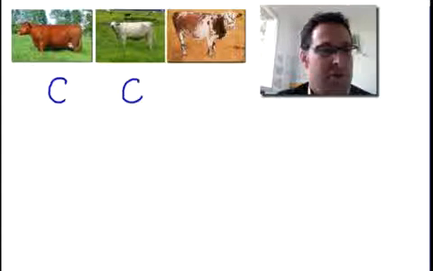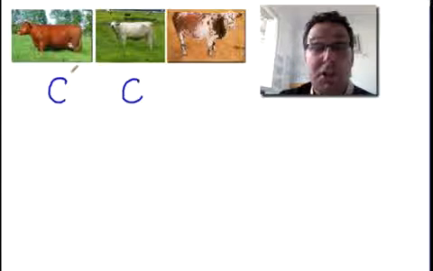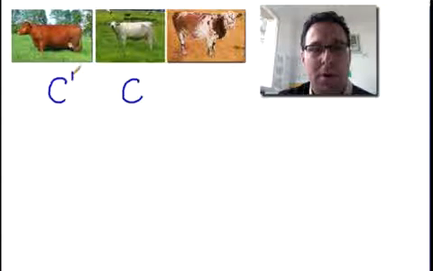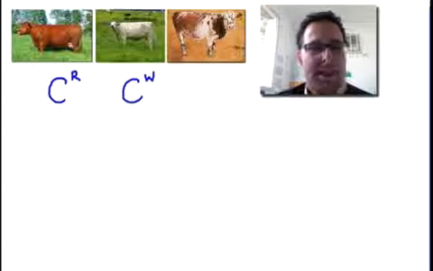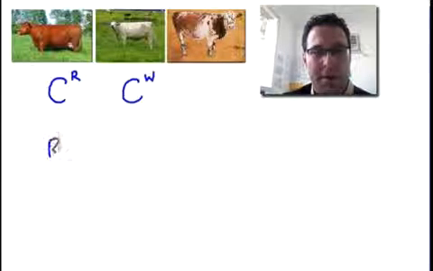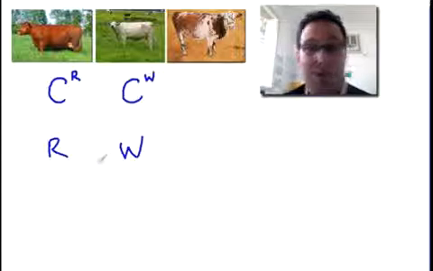But what I like to do, and I think what is probably normal to do, is to use a superscript letter. So we might put an R on this one to tell us that that's the allele for red coat colour, and a W on this one to tell us that that's the allele for white coat colour. You might ask at this point, why don't we just call this one big R and this one big W? I bet you thought that, didn't you?